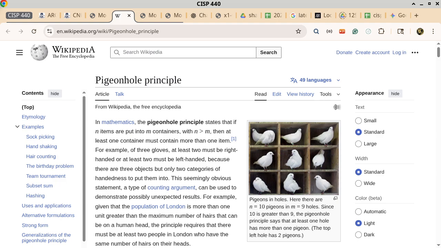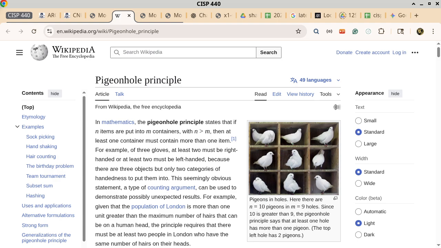So the idea is if all the pigeons come home to the pigeonholes, then it is guaranteed that at least one of the pigeonholes has more than one pigeon. Let me say that one more time. In the classroom setting, we have more students than there are chairs or seats in the classroom.